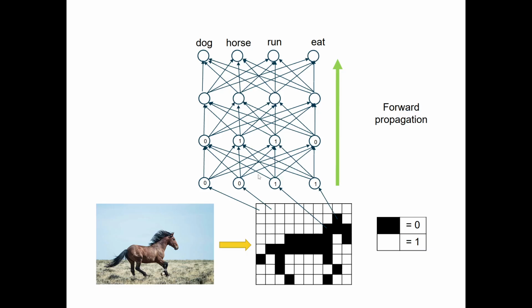If we are below the threshold, it will be 0. If we are above the threshold, it will be 1. So this is what we call forward propagation. From the input layer, we go to the second layer. Then the same thing happens, we go to the third layer, and finally we arrive at the output layer, where each neuron will have a value of either 1 or 0, depending on the multiplier coefficients we used.